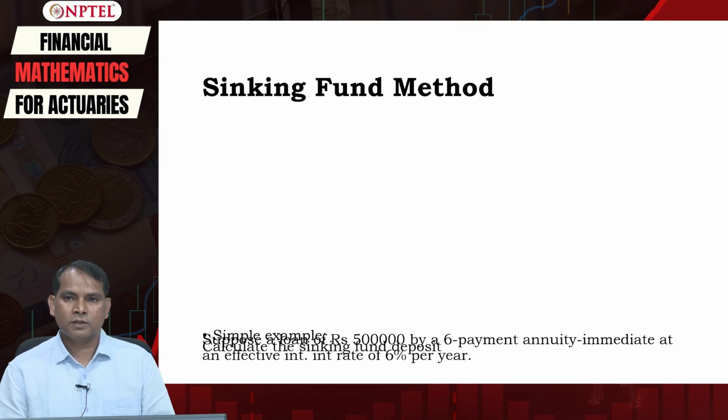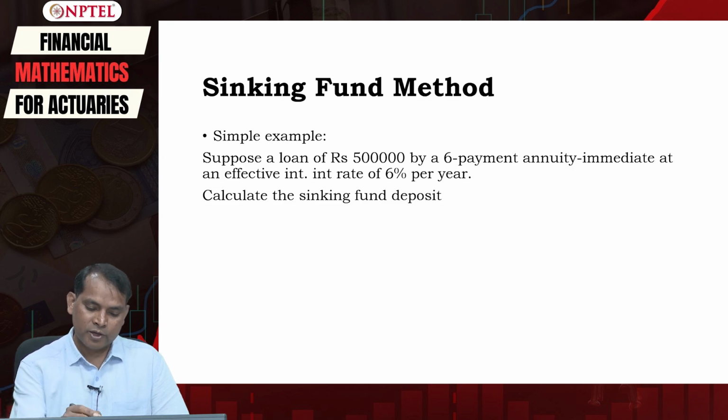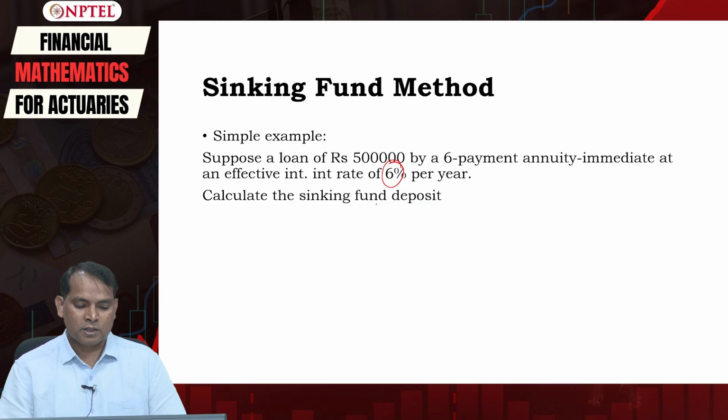Let us take one example here. Suppose a loan of 5 lakh rupees is repaid by a 6 payment annuity immediate at an effective interest rate of 6% per year. Let us calculate the sinking fund deposit.